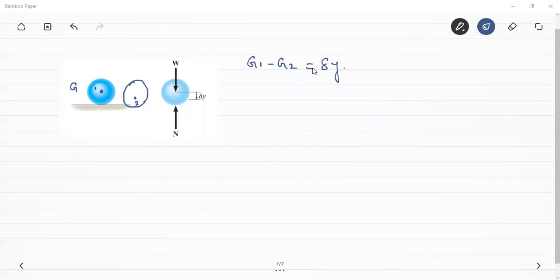Now if we want to use the principle of virtual work, the virtual work will be due to two forces. One will be due to the weight and another due to the normal reaction.